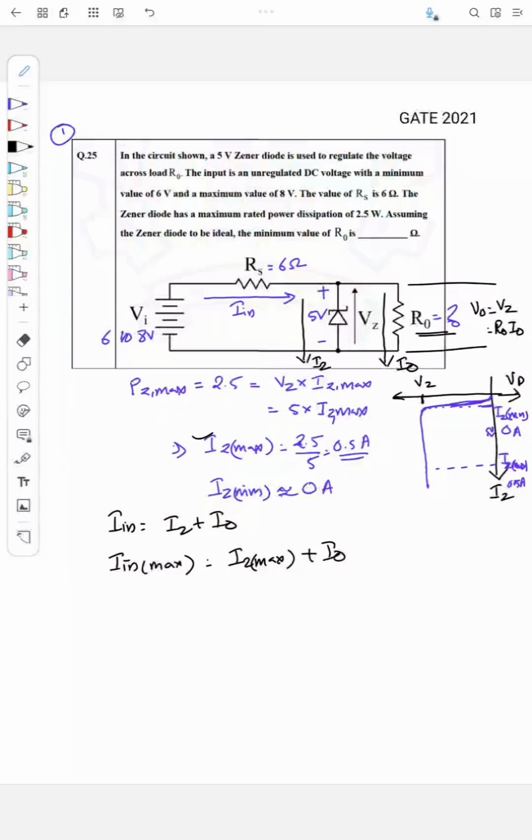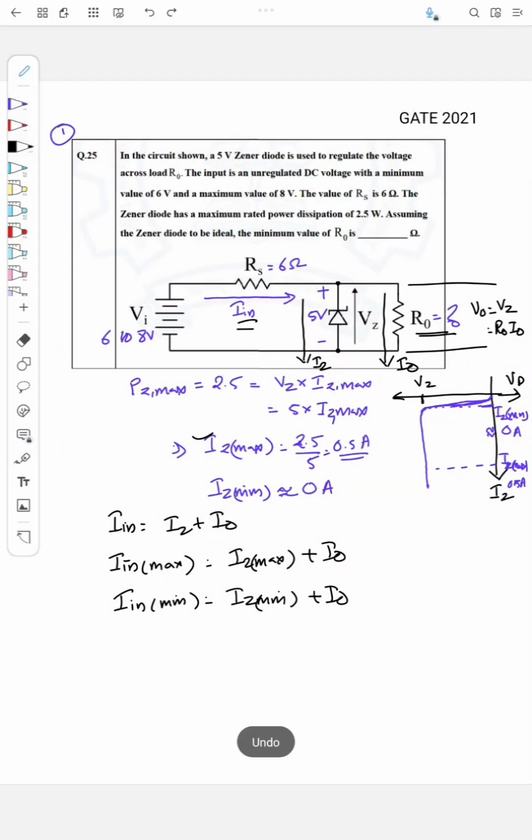The current flowing through R0 should be fixed. So Iz max plus I0 is the I in maximum, and I in minimum is equal to Iz minimum plus I0, that is the minimum and maximum current of input.